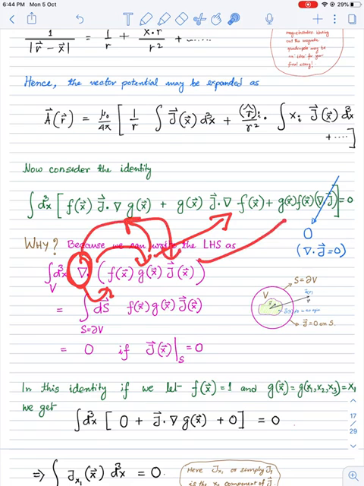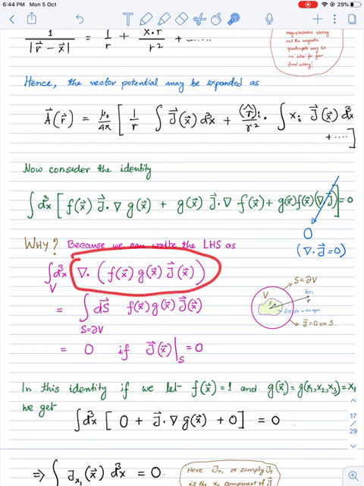If the divergence acts on g, then you get this term, and when the divergence acts on j, then you get this term. So term by term this is reproduced if you write the divergence out here. But it is the volume integral of a divergence, which can be converted into a surface integral of this vector here.